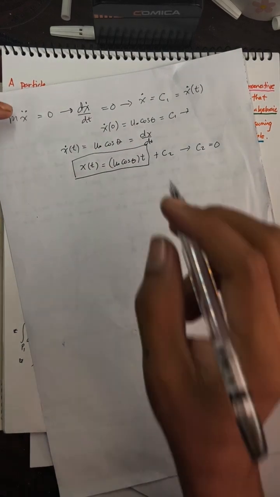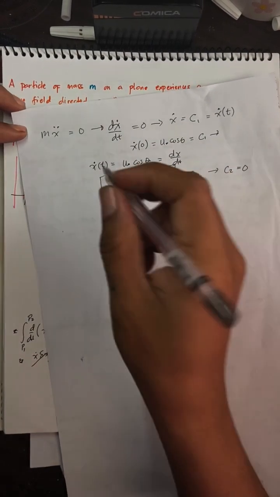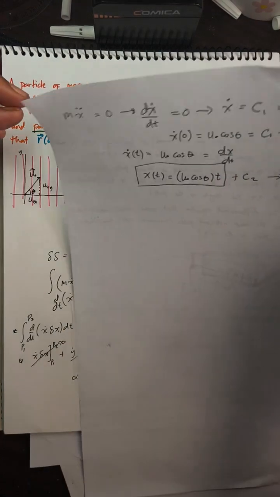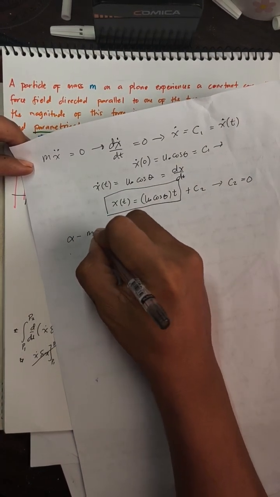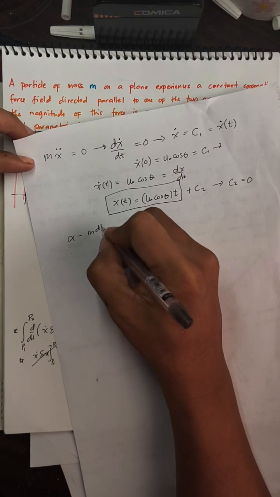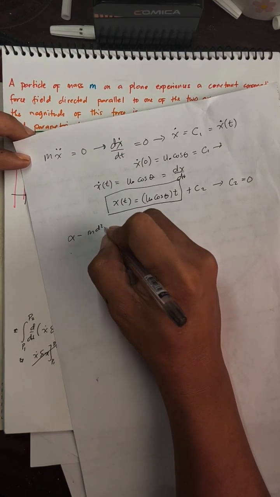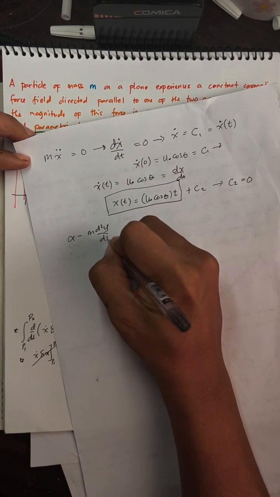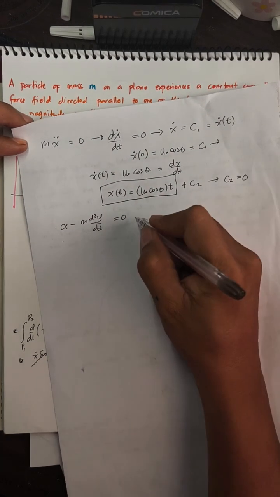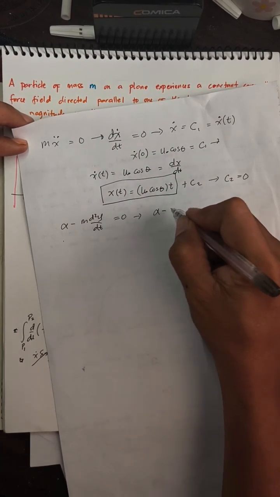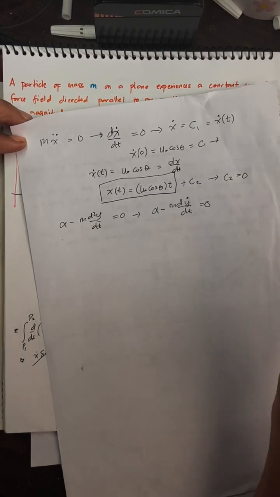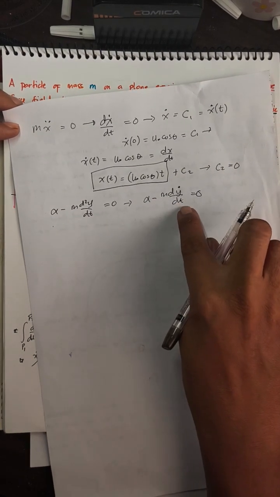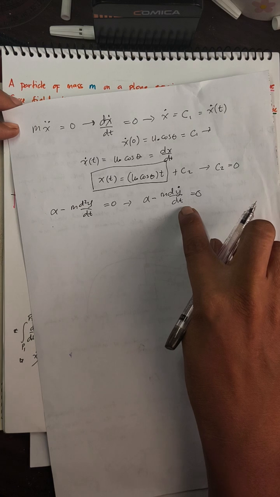Now let's solve for y of t. We have alpha minus m d squared y over dt squared equals 0, which is equivalent to alpha minus m dy dot over dt equals 0. Integrating this, what do we get?